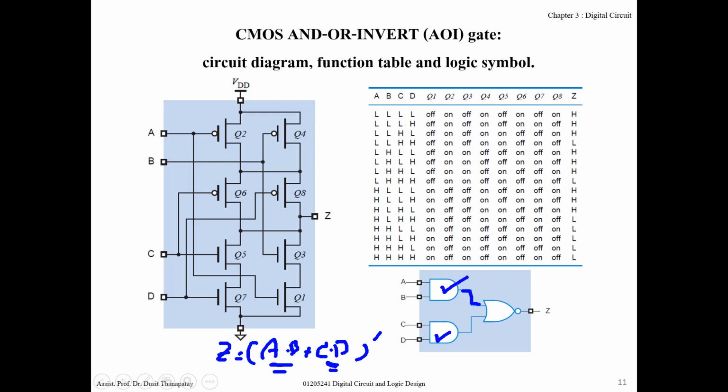You bring the outputs of these two AND gates together and then invert. So this kind of configuration is called AND-OR-invert, an AND-OR-invert configuration.